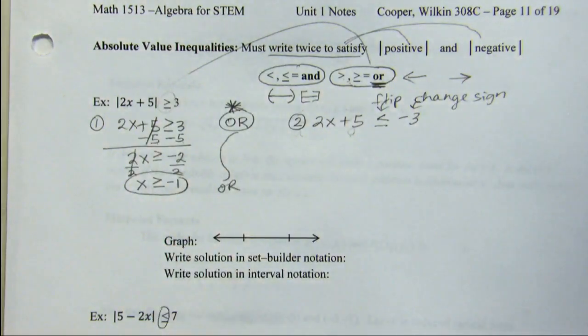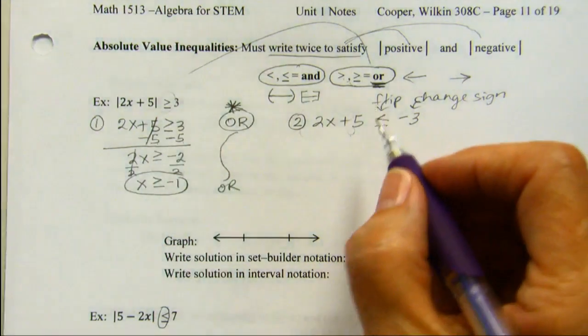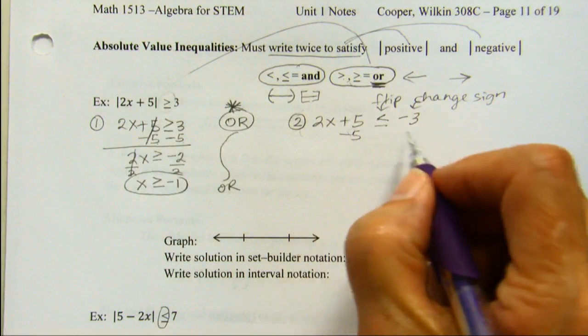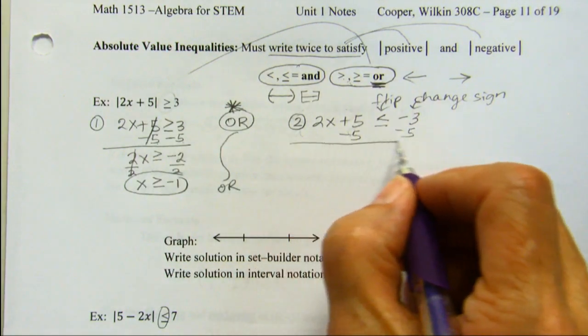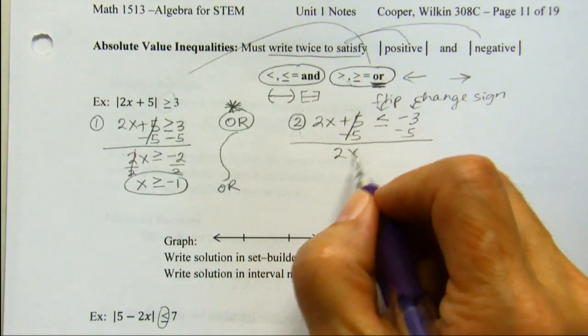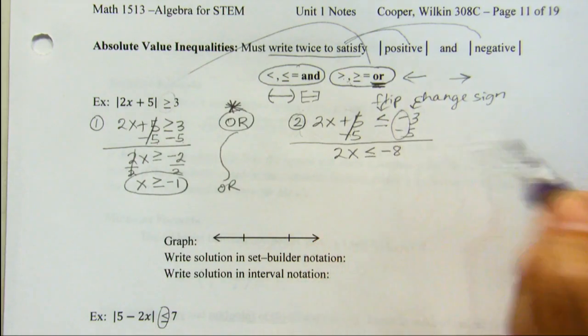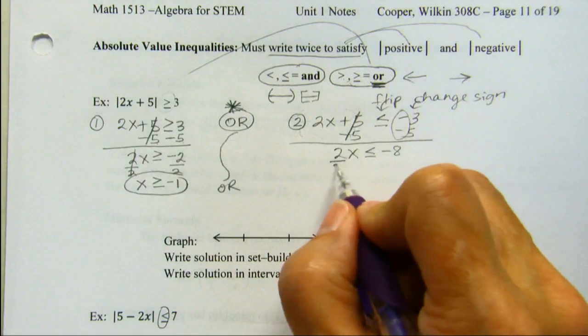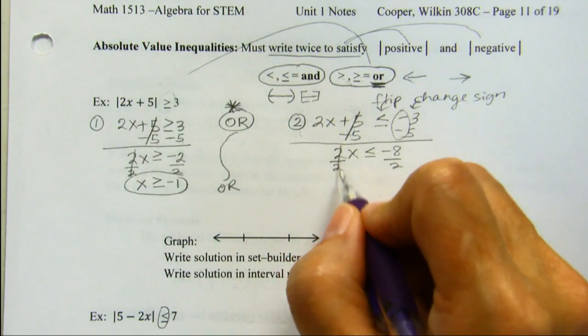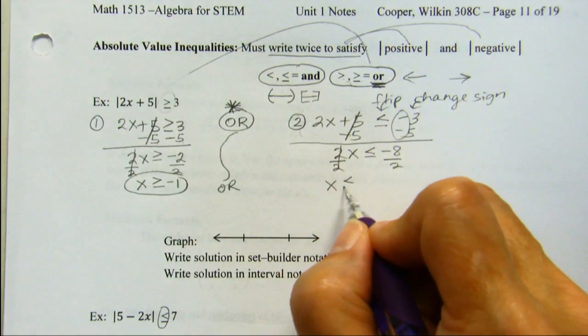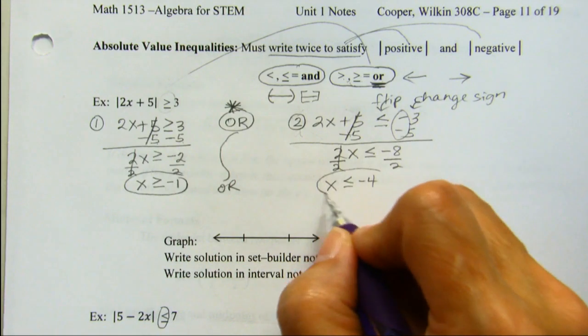Or, on the second one, subtract 5. 2x is less than or equal to, they're both negative, just add them up, you get -8. Divide by 2, and x is less than or equal to -4.